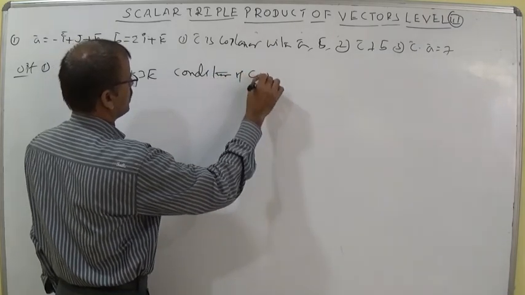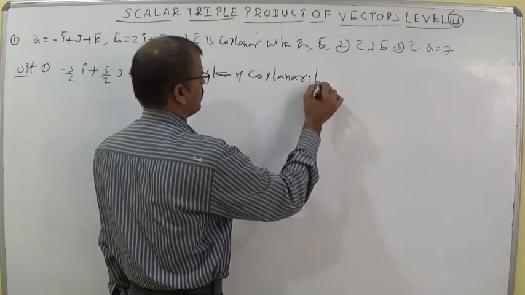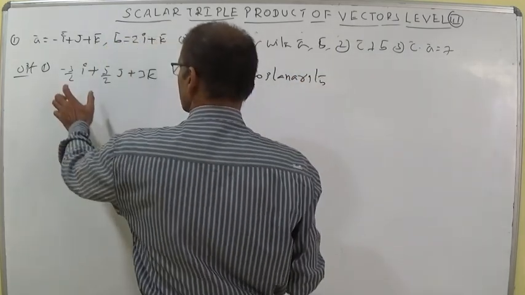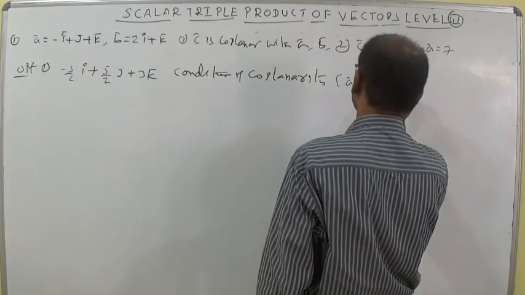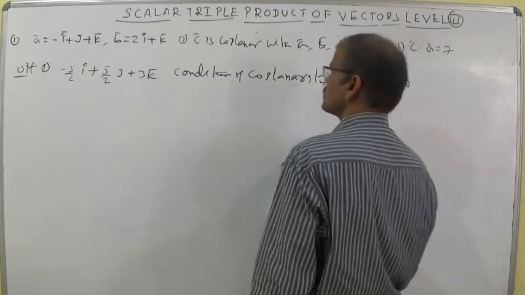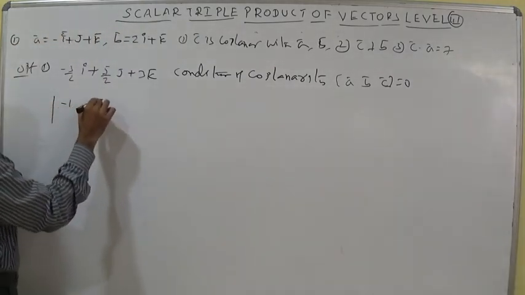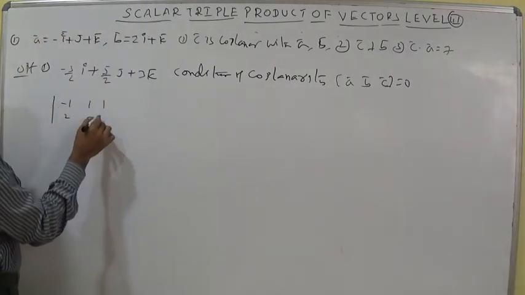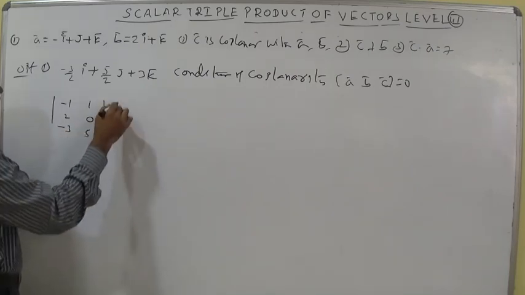Two cases are verified for the first option. The condition of coplanarity is box ABC equals 0. So let us write here minus 1, 1, 1; this is 2, 0, 1; this is minus 3, 5, 6.